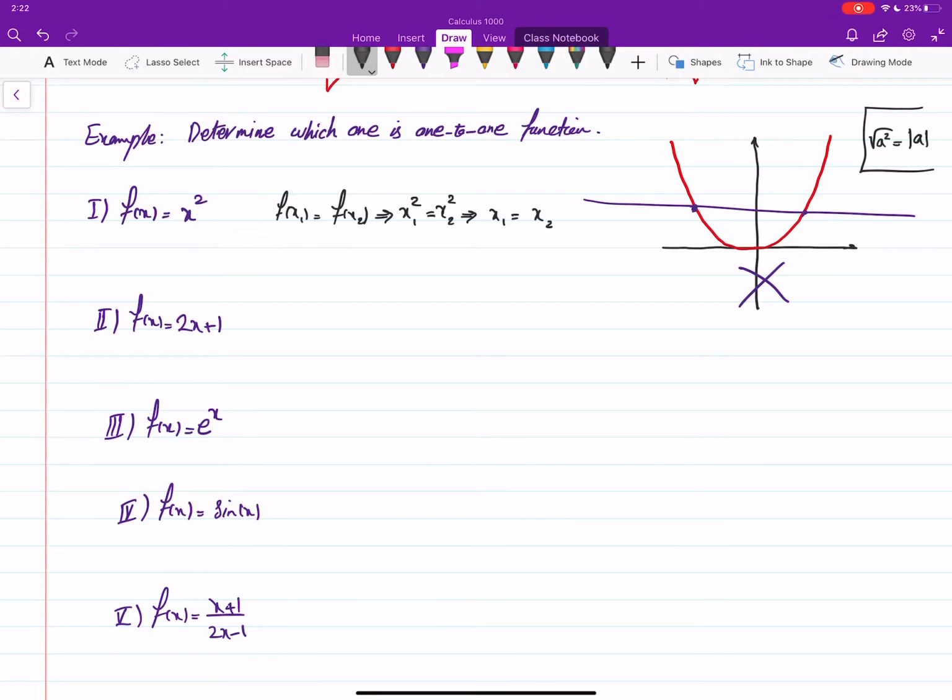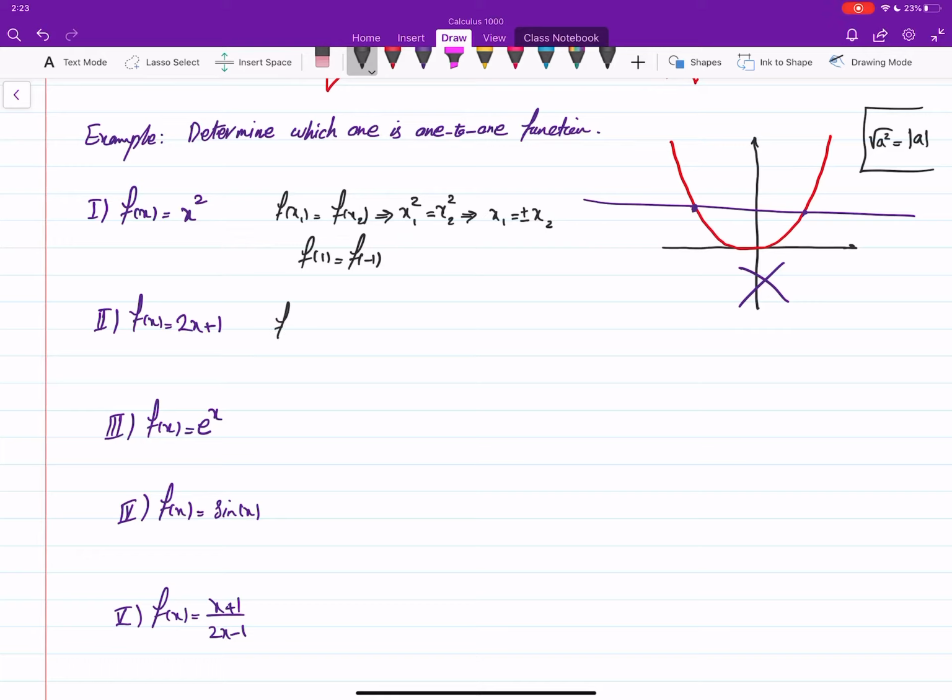So here absolute value comes in, it means that it's either plus or minus of that number. That means that they may have different values, but their function values are the same. For example, f of 1 and f of -1 are the same. 1 and -1 are different, but the values are the same.